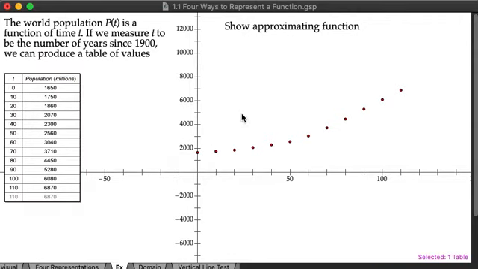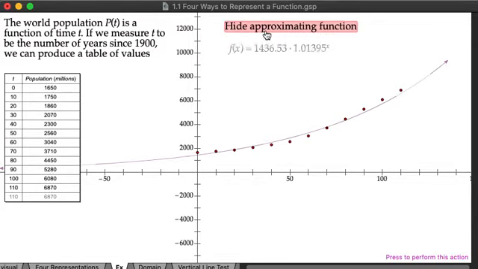And we can turn this into an approximation, a modeling of the function. And we're going to use just an approximating function, which is given here. I used another program to basically calculate what is the best fit function for this data.